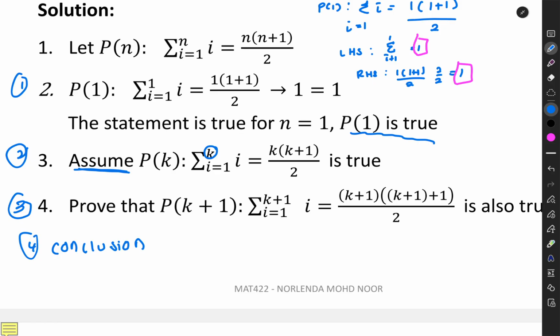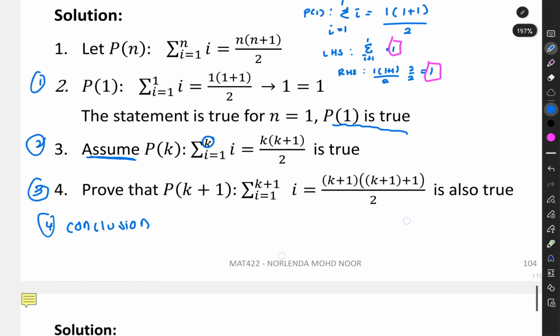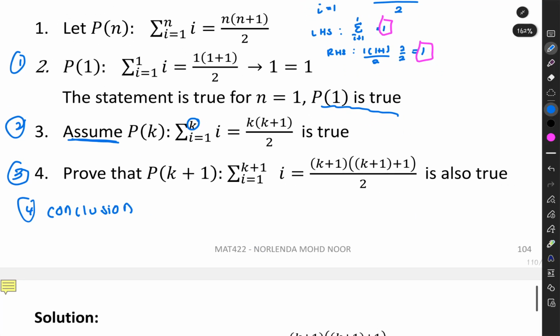Now how do we prove that? Okay. So the next step under step 3 is to prove your P of k plus 1. Okay. The next integer, the next term, the summations of the k plus 1 term. Okay. So we have summations of I from 1 up until the k plus 1 term. Kalau sebelum ni up until the k term saja.